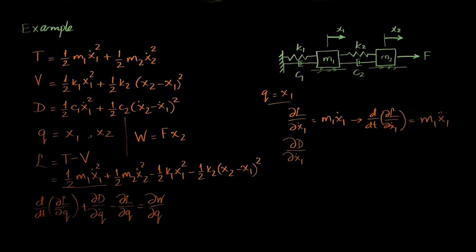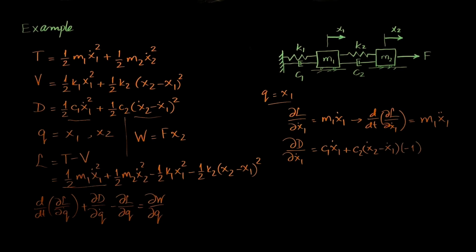So the first term with respect to x1 dot, the derivative is c1 x1 dot, and for the second term here, plus c2 (x2 dot minus x1 dot), and the derivative inside the bracket, derivative of x1 dot is -1. So this is times -1.